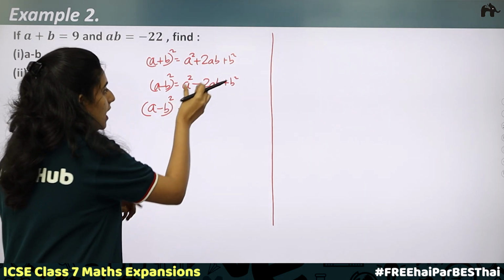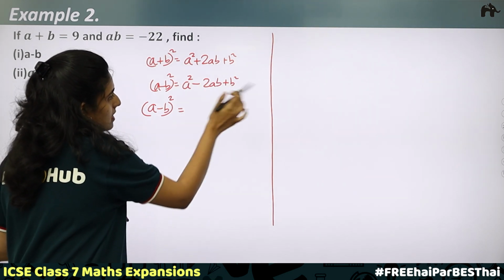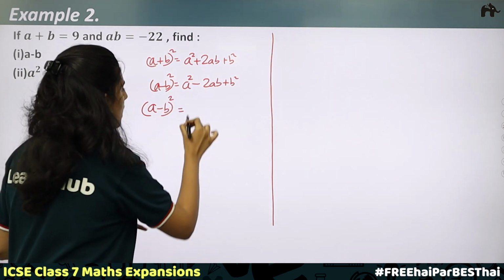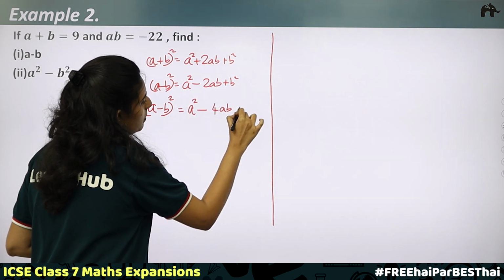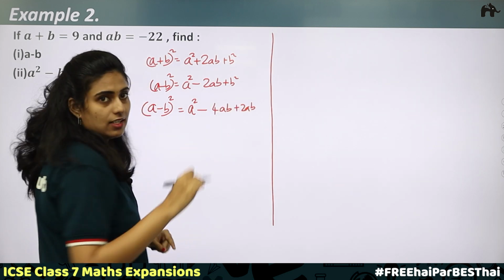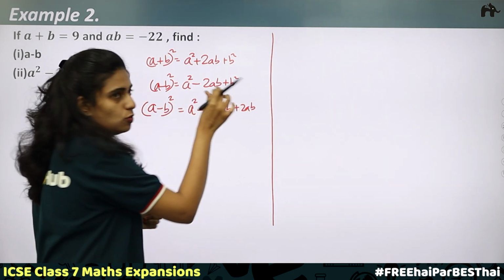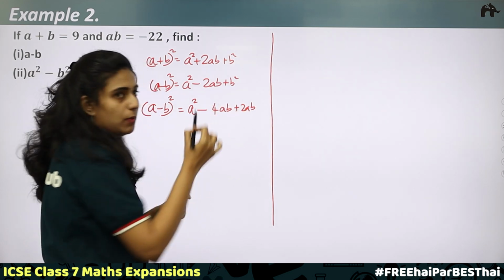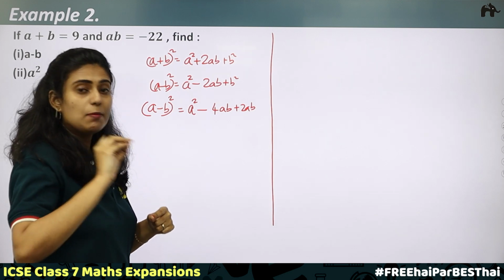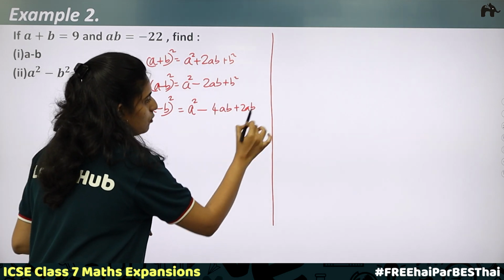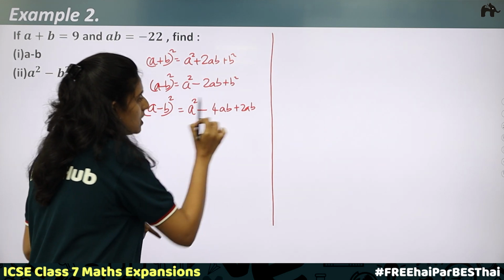We are going to change this minus 2ab in such a way that you can get (a plus b) whole square from this side. So this is a square minus 4ab plus 2ab. What I have done is written minus 2ab as minus 4ab plus 2ab. Only if I have plus 2ab can I make this a square plus 2ab plus b square, which is (a plus b) whole square. For adding plus 2ab, I have to subtract 4ab.